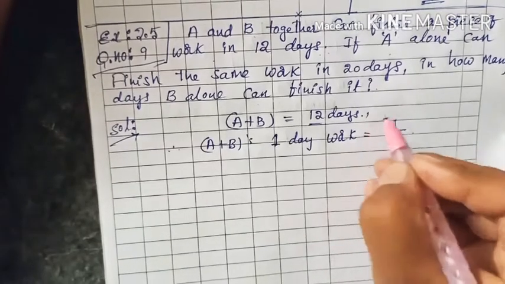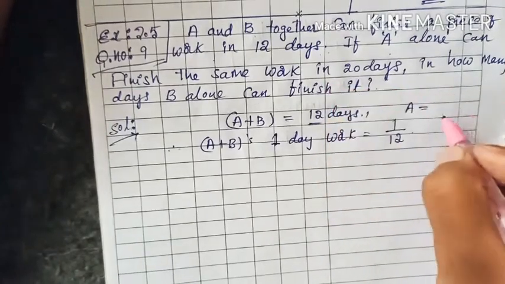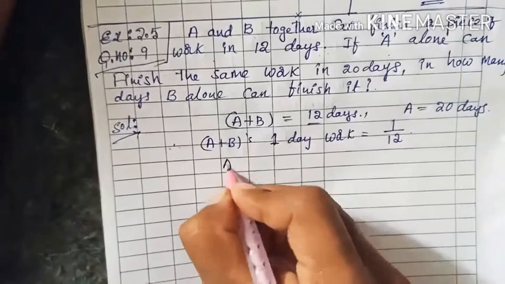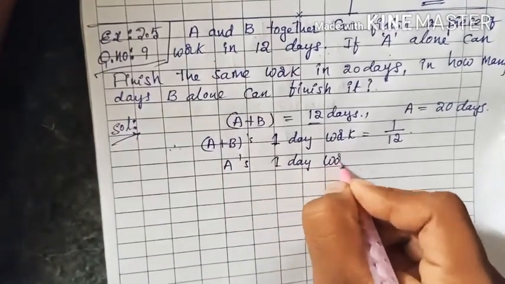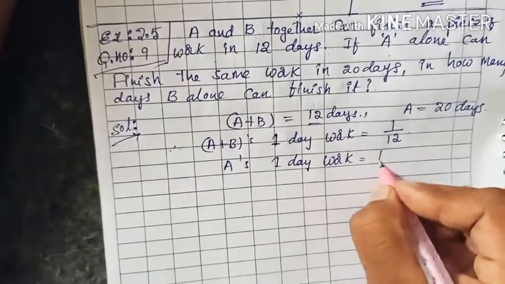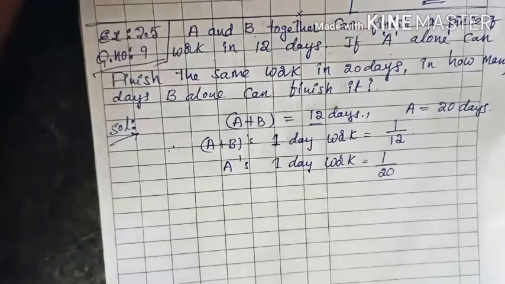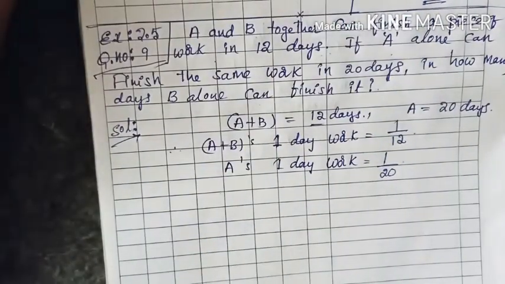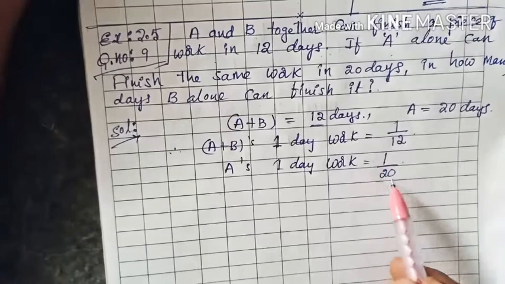Okay, and A can finish the same work in 20 days. That means A's 1 day work is 1 by 20. A can finish the work in 20 days alone. A's 1 day work is 1 by 20 because per day he can finish 1/20th part.